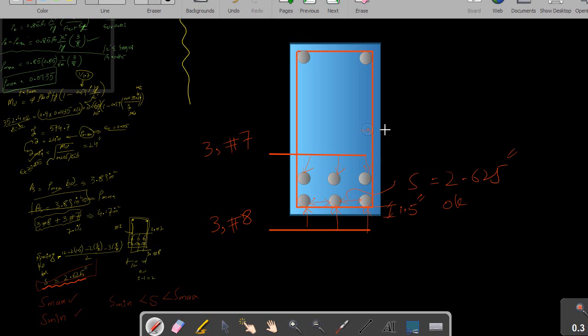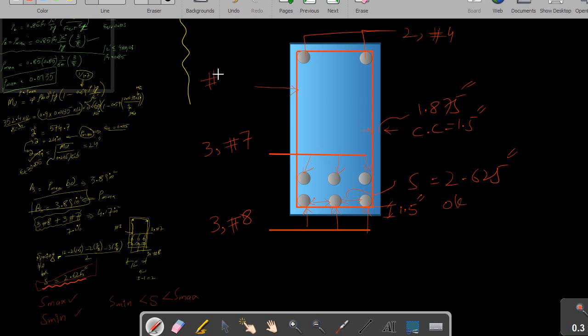This cover including the diameter of the stirrup is 1.875 inches, while the clear cover is 1.5 inches. And these two bars are our optional bars. Let's say we are using two number 4 bars here, but we are not designing these two bars. And the stirrup is also assumed.